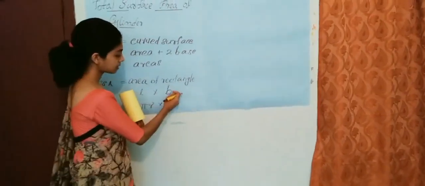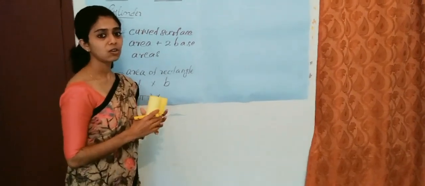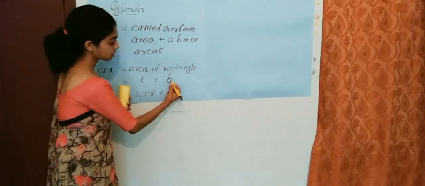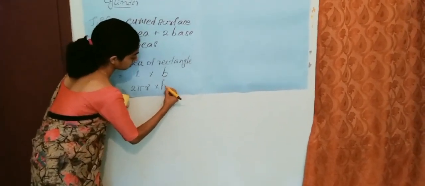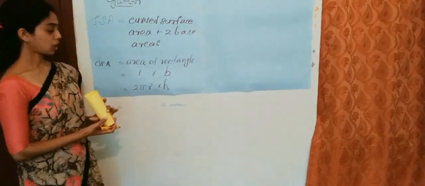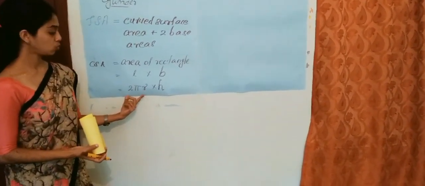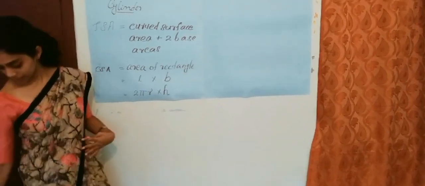So we can replace the breadth by the height of the cylinder. Now let us denote the height of the cylinder by using the variable h. So instead of b, what can we write? Very good, h. So we have obtained the curved surface area of the cylinder as 2 pi rh. Do you understand? Very good.